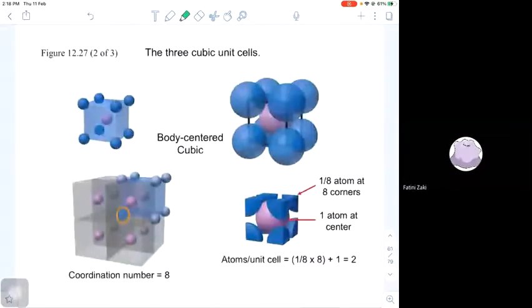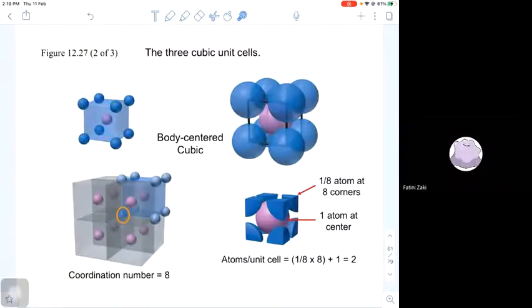And then the second type of the unit cell is the body-centered cube. This body-centered cube is the same as the simple cubic, where we have particles at each corner of the unit cell. But the difference is that we have one particle at the center of the cube. This particle at the center belongs to this unit cell only.